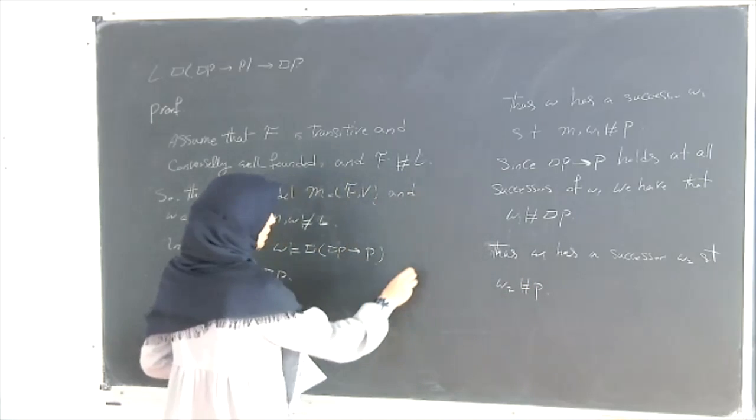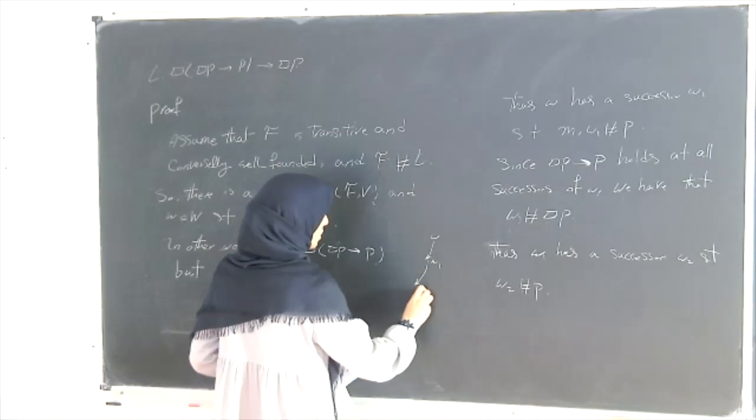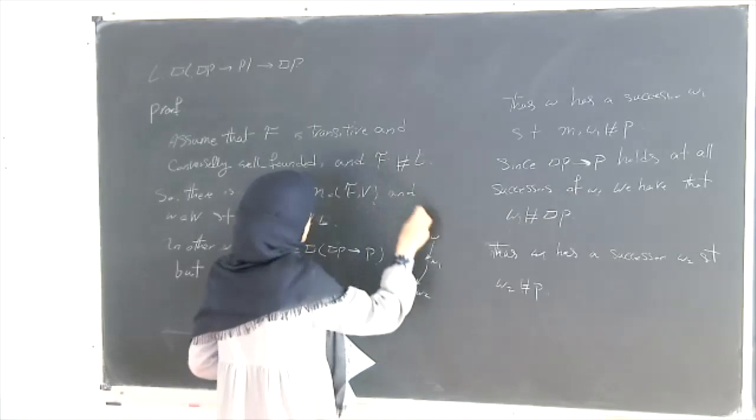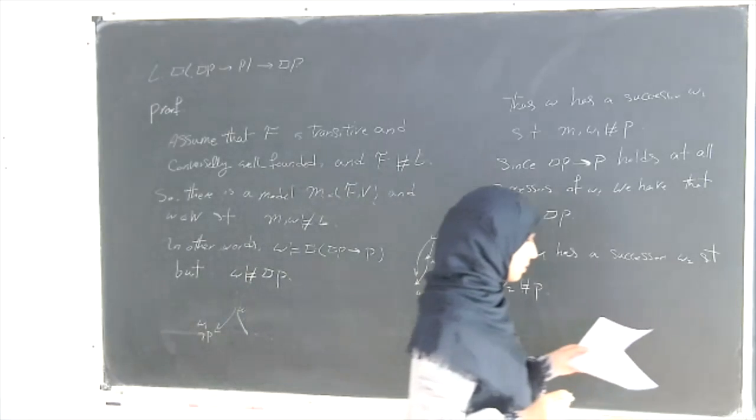So we have W1 R W2. Our frame is transitive, so we have W R W2.